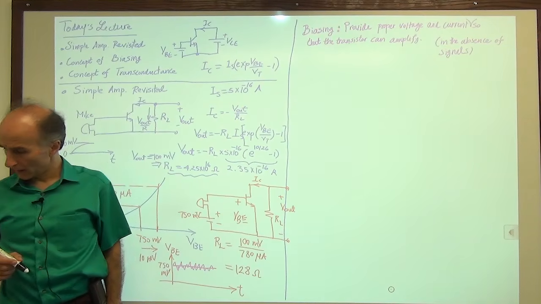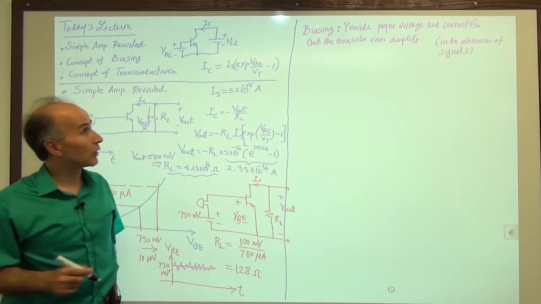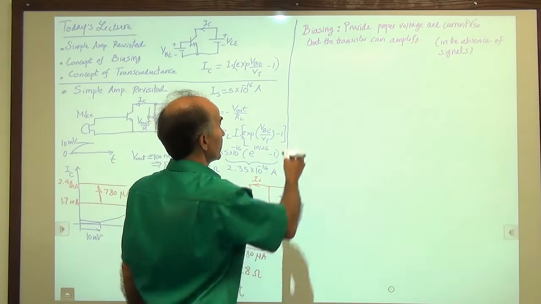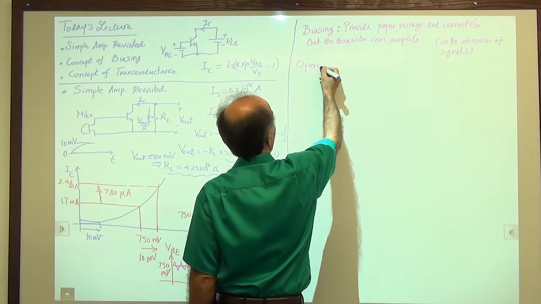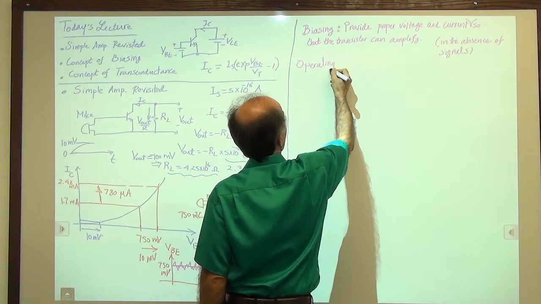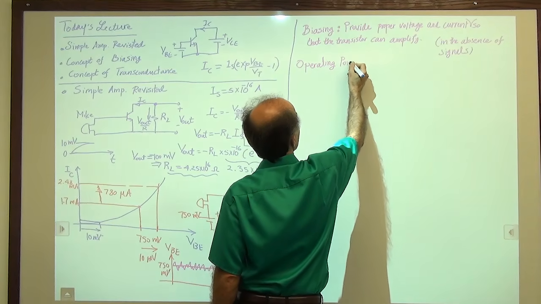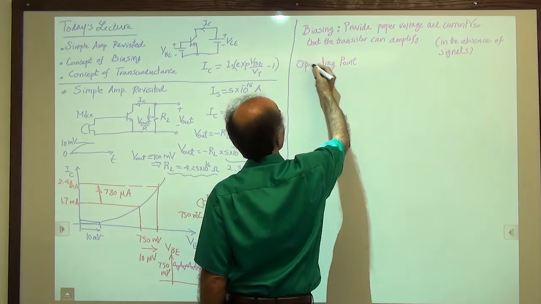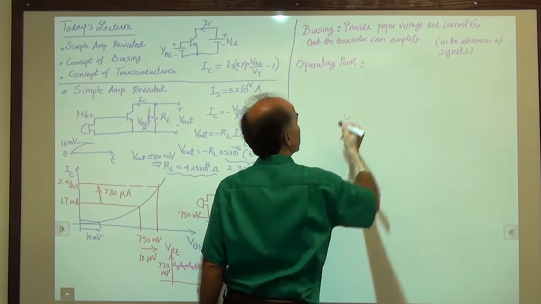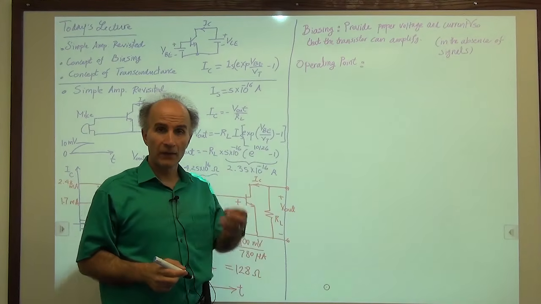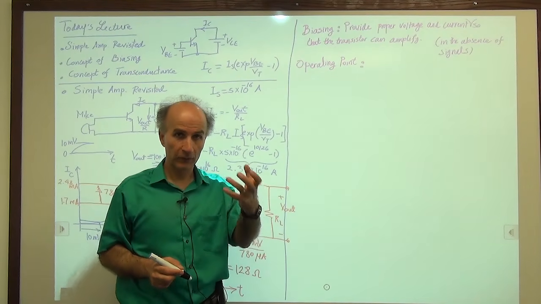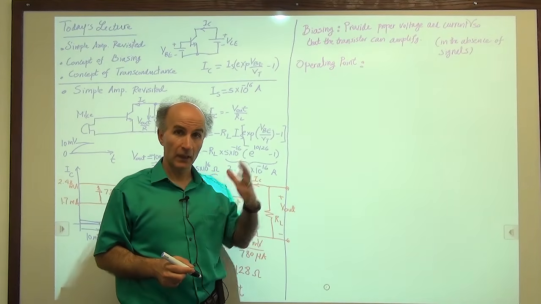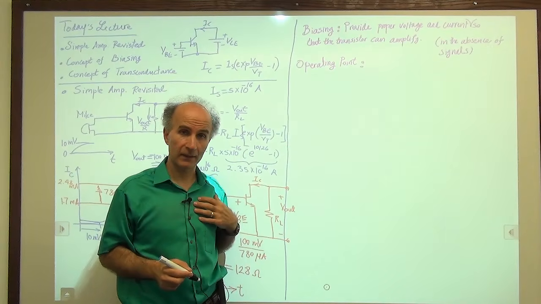Okay, let's go and introduce one more concept. The other concept or the definition is called operating point. And operating point is defined as the values that we have chosen, for example, for the base emitter voltage and the collector current in the biasing task.